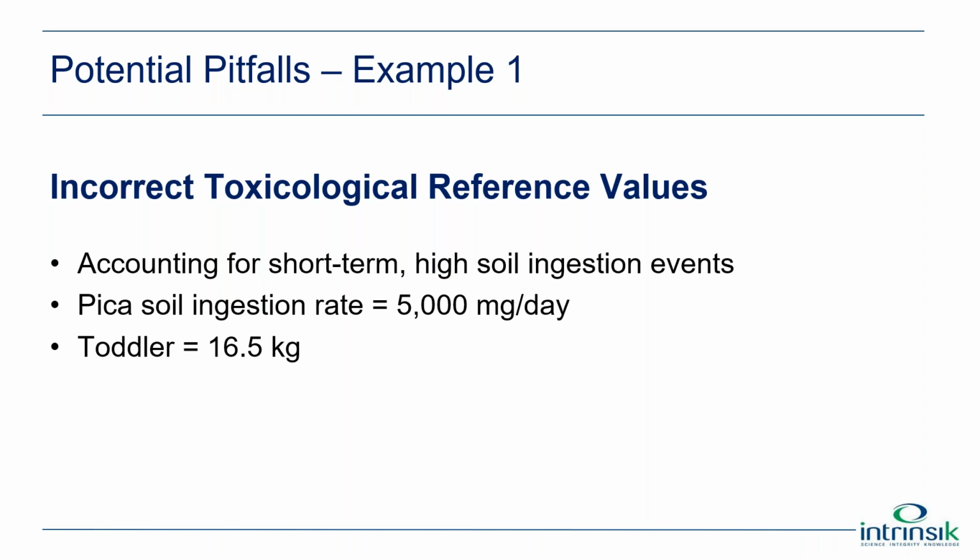To contextualize that, what we tend to do in Canada is we use 80 milligrams per day. That's a chronic ongoing soil ingestion rate that we use for human health risk assessments. In Alberta, Health Canada uses the same value. So that's significantly less than what you would see for a pica soil ingestion rate.